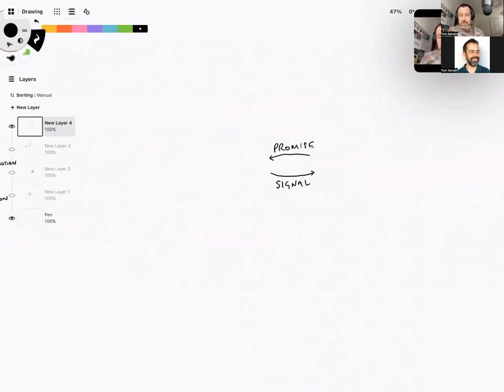There's something here like a yes signal. So this can be very, very simple. We need a promise that's clear enough and clean enough to cut through the noise for a few people. And the yes signal is the willingness to spend some time or ideally some money with us to figure that out in more detail. That's the core layer.